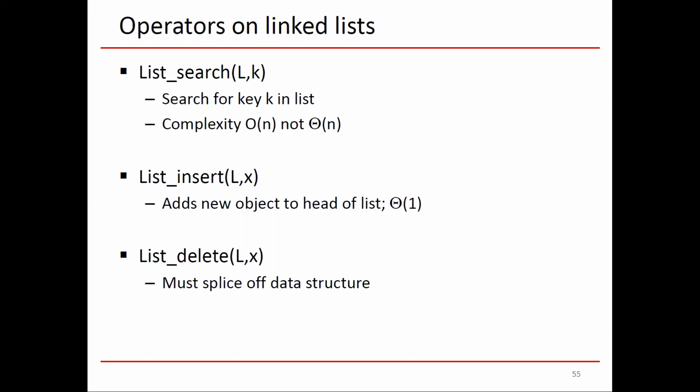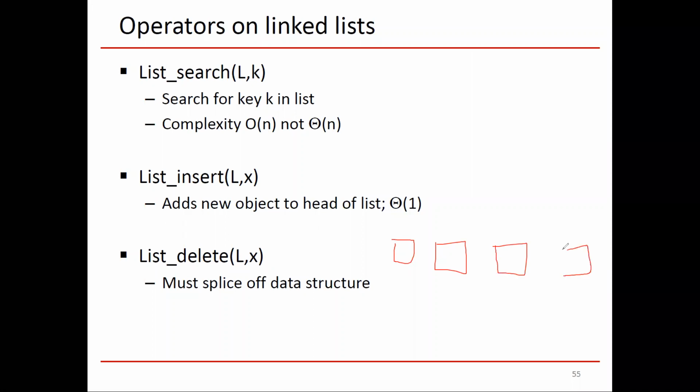Deletion, again, we have a pointer, and let's annotate this for the example of a doubly linked list. So let's say that we have forward pointers, and we have previous backward pointers.